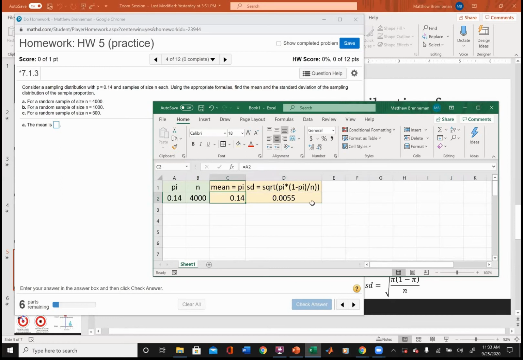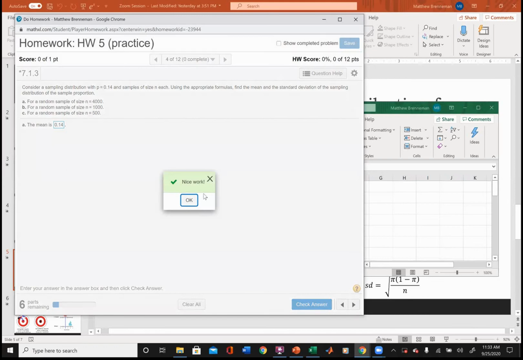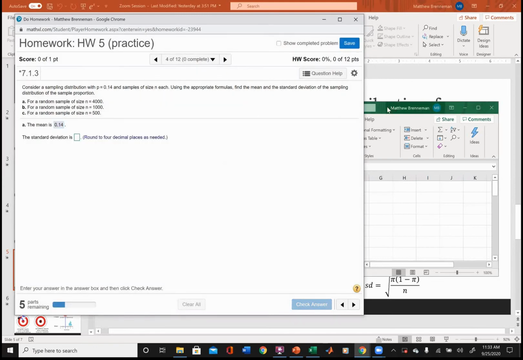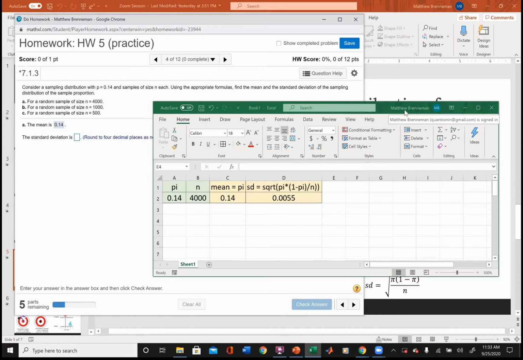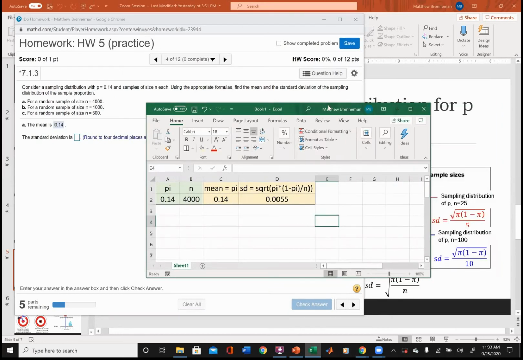Yay, hooray. And there's my answer. Easy peasy. So go ahead and do that yourself and enter your values. Make sure you did it correctly. And I'm going to wait until I know that everyone's done this correctly, because this is going to be a really basic calculation that we're going to want to do repeatedly.